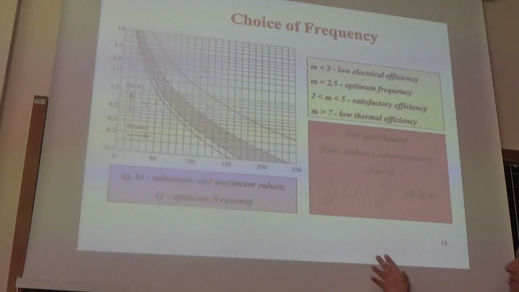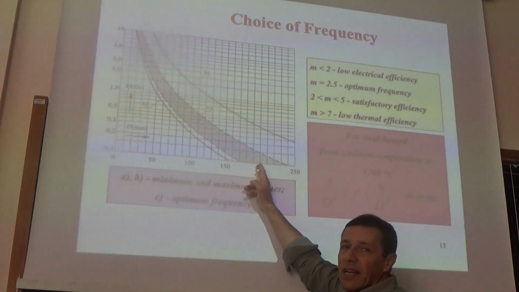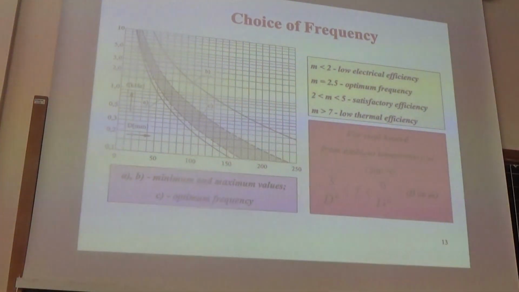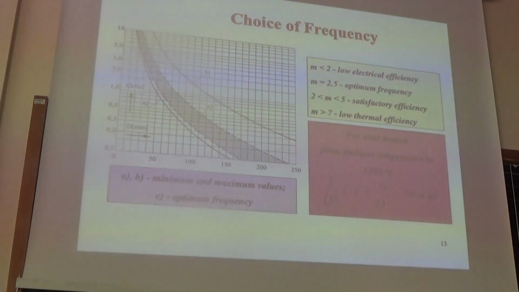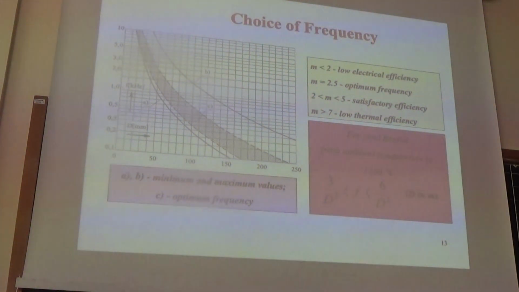Obviously, if you have billets in the range of 200 millimeters, 250 millimeters, usually we use industrial frequency, 50 Hz, directly. So the choice, when you have an induction heating process, is for big billets to use industrial frequency, 50 Hz, and for smaller billets to use frequencies of at least 2 kHz.